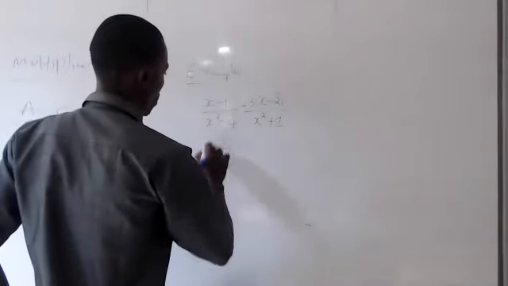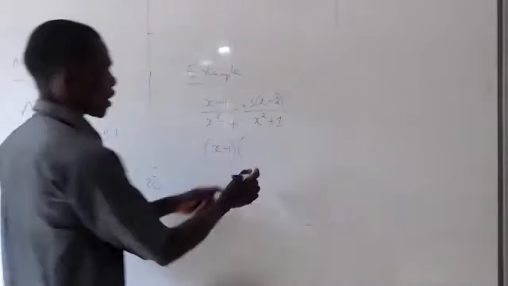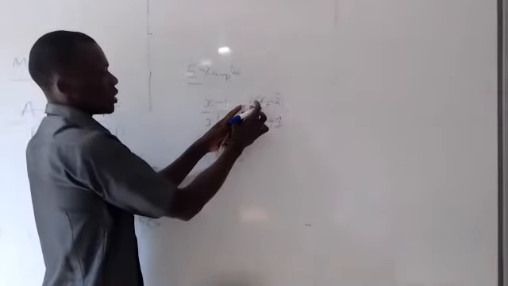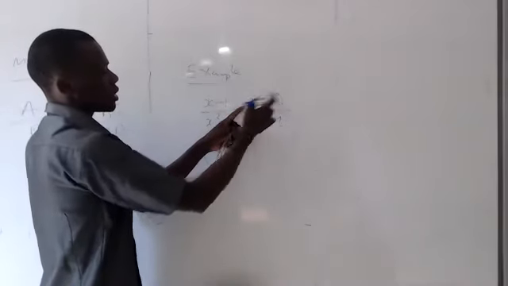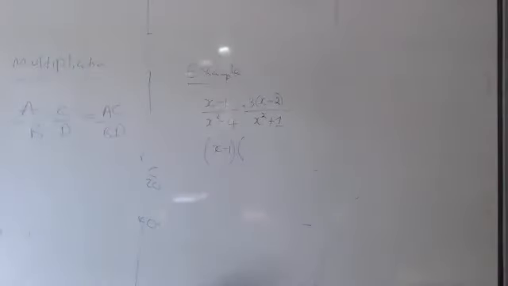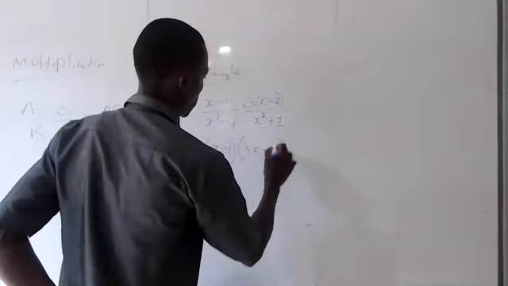So we have x minus 1. We are multiplying this by 3 times x minus 2, so I can already open up this bracket. So 3 times x minus 2 is the same as 3x minus 6.